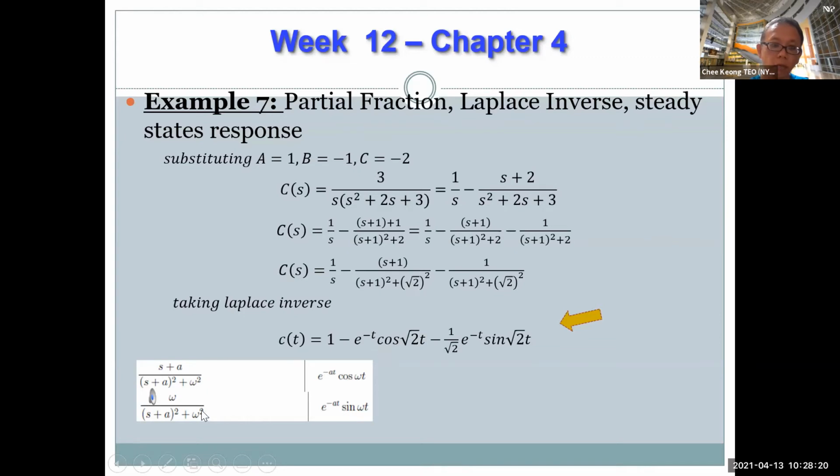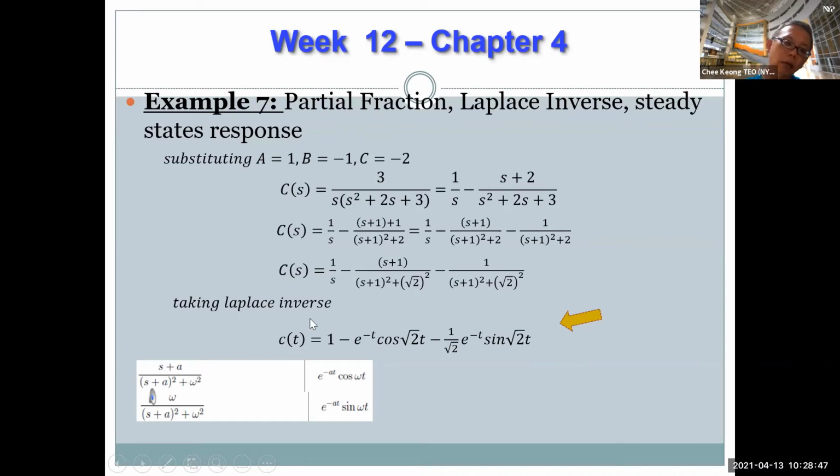And the second one will be omega over something squared plus another omega squared, right? So this will result in this one. And of course, the omega will be root 2, so you have a 1 over omega here, because this one has an omega, 1 over omega. So therefore you can convert into this form.